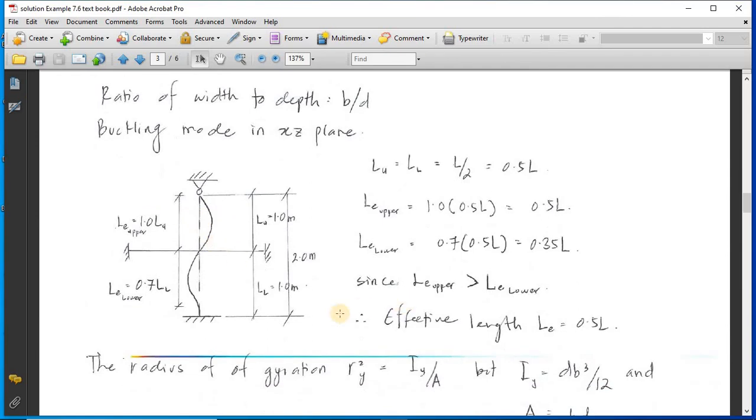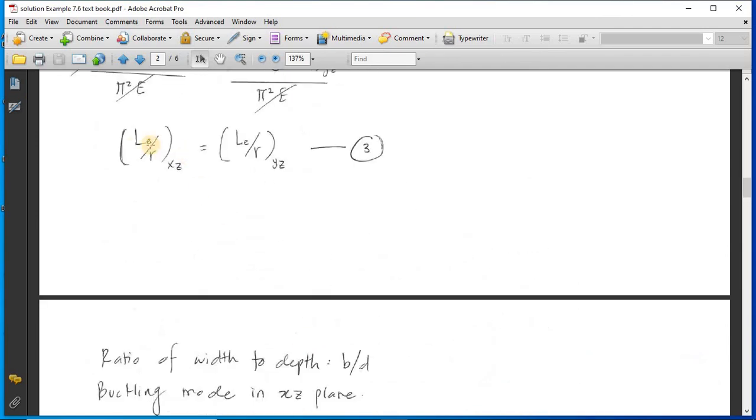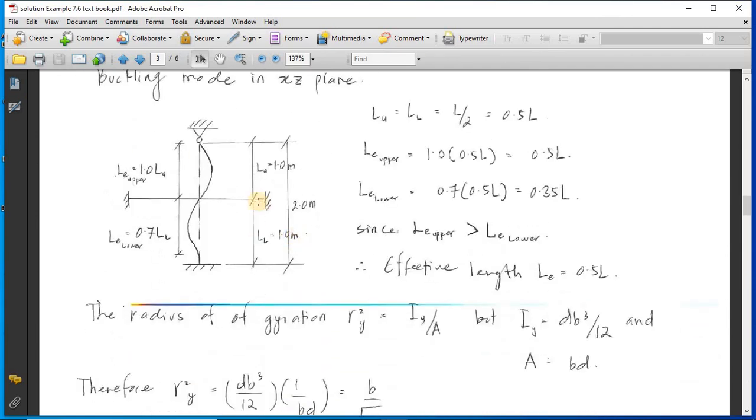Let's take a look at the effective length. The effective length in this column can be in terms of upper and lower, where LE for upper is equal to 1.0 LU, and LE for lower is equal to 0.7 LL.